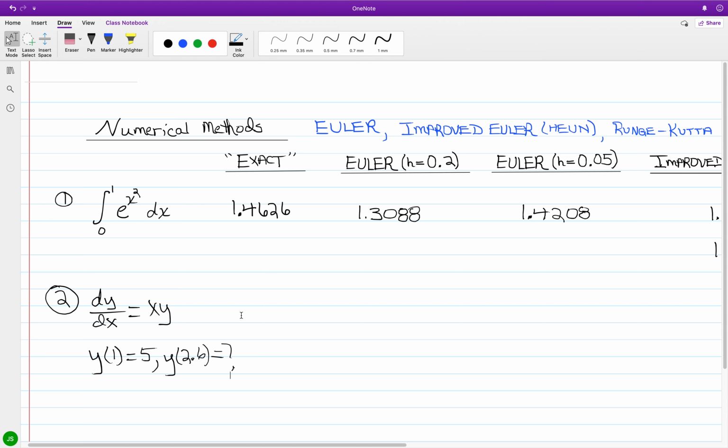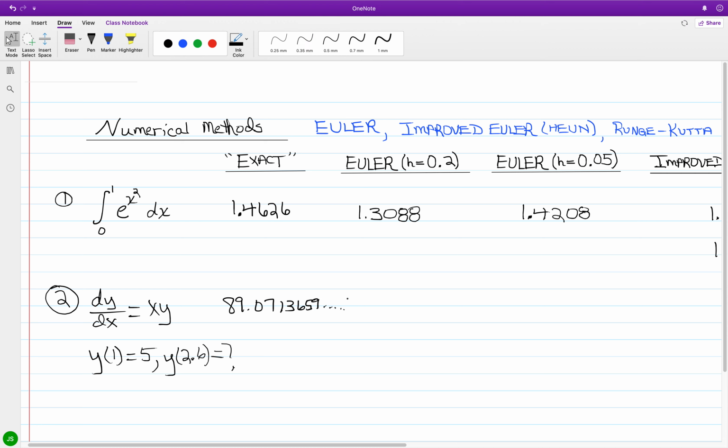Okay, for an equation such as dy/dx = x times y, say we have an initial condition, y(1) = 5, and we want to find out what the value of y will be when x is 2.6. Now with the so-called exact solution, in accordance with Maple, you have about 89.071365.